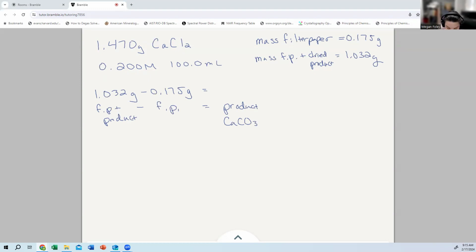So taking our 1.032 minus 0.175, we get 0.857 grams of CaCO3.